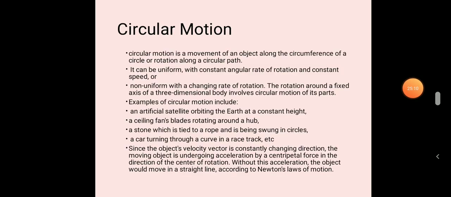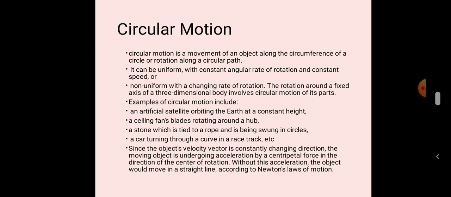Now let us start with the uniform circular motion. But before that, let us understand what is meant by circular motion. A circular motion is a movement of an object along the circumference of a circle or rotating along a circular path.